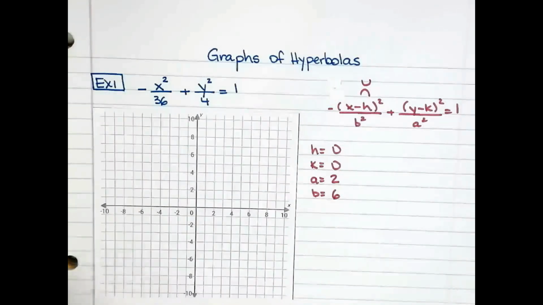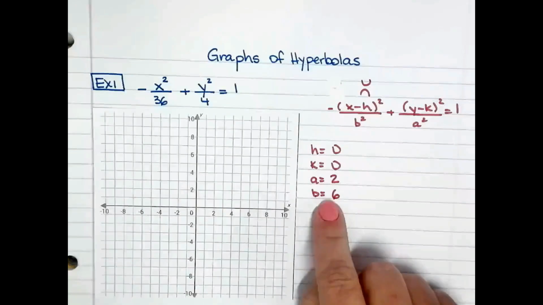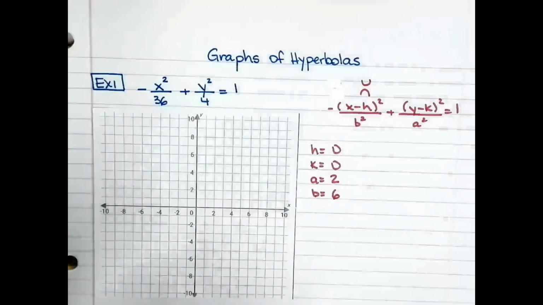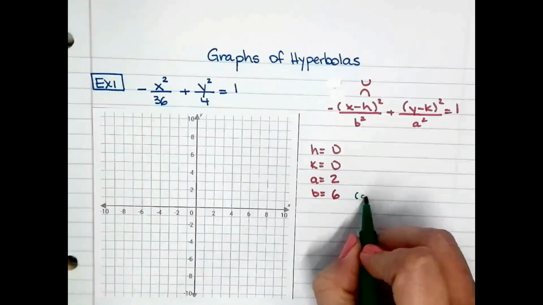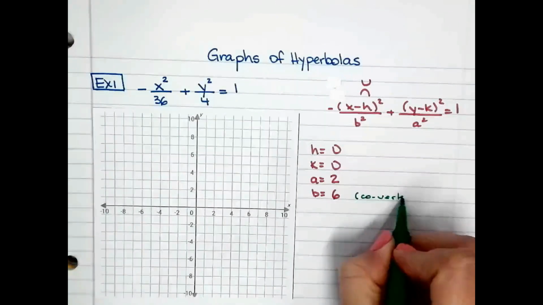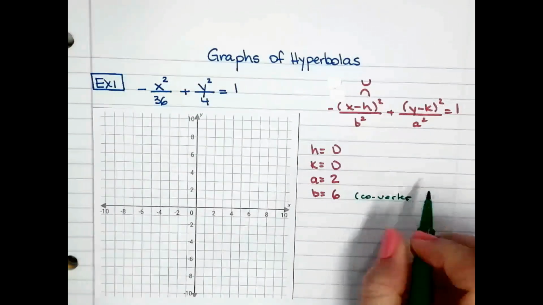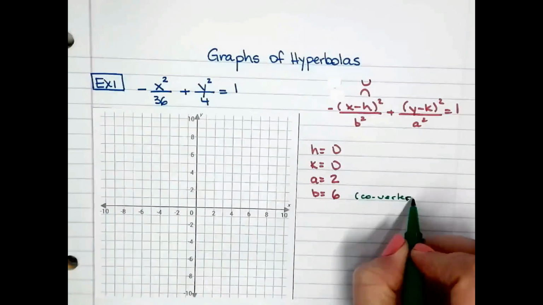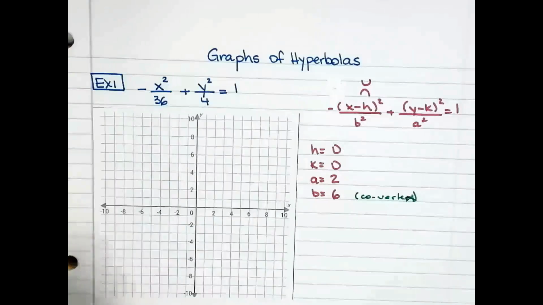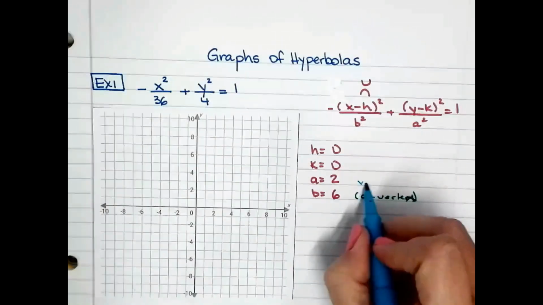Just remember the definition. B is the distance from the center to the covertex or the covertices. And A is the distance from the center to the vertices.